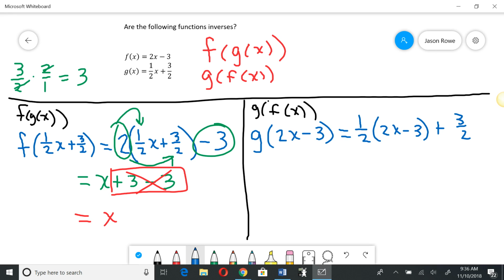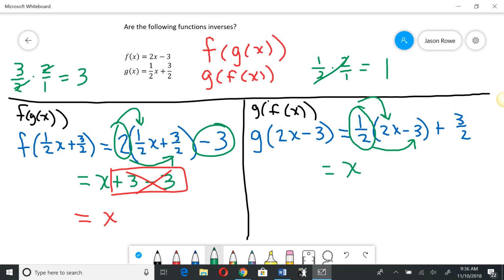Just like last time, I need to distribute. So I'm going to distribute this half. What's 1/2 times 2? Those are going to cancel, so that's going to equal 1. So again, that equals x.